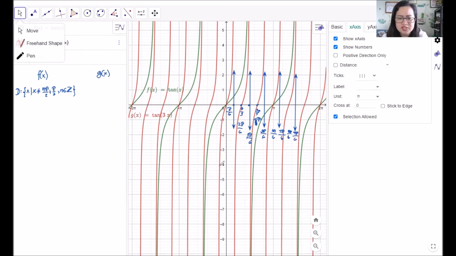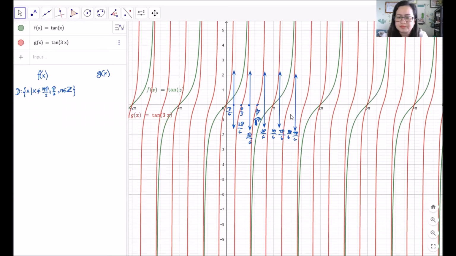Now let's consider the set of values at which the vertical asymptotes pass through. So we have pi over 6. At the left, we can have a lot of vertical asymptotes, so I will put ellipses here.